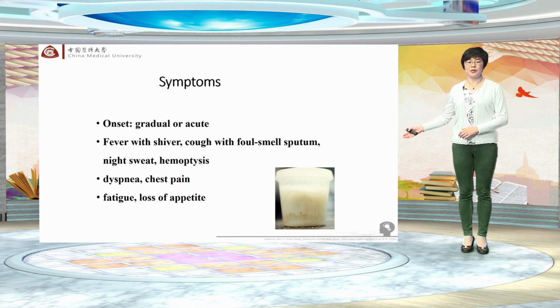We could see from this bottle, in this bottle is the sputum. It is yellow with a foul smell. This is a typical secretion of lung abscess. Also, some of the patients have dyspnea, chest pain, and even fatigue, loss of appetite.